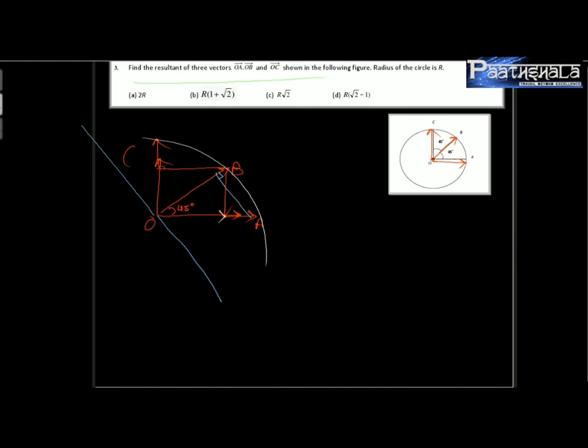So this vector OA can be resolved along OB and perpendicular to OB. Similarly, vector OC can be resolved along OB and perpendicular to OB.